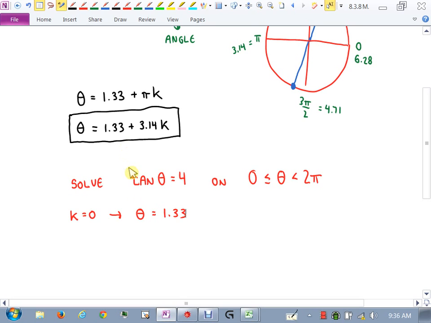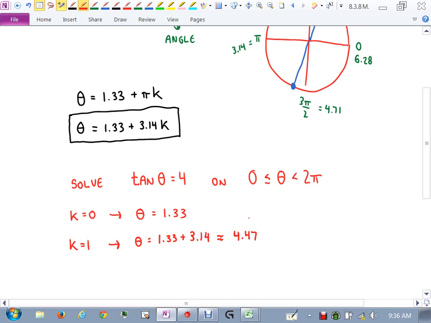Is 1.33 inside of 0, 2 pi? Yes, it is, right? Because remember, 2 pi is 6.28. This number is between 0 and 6.28. Now let k be 1. If k is 1, theta is 1.33 plus 3.14, which is approximately 4.47.